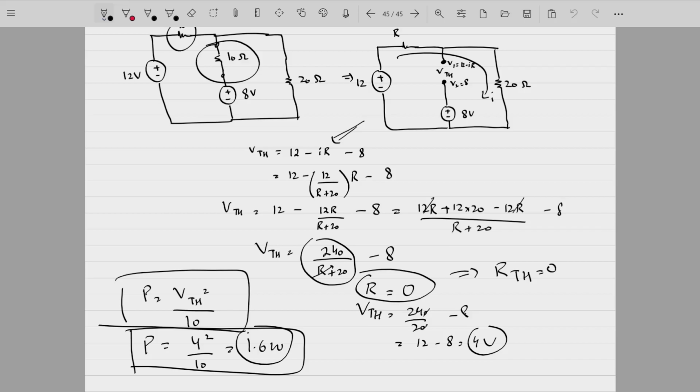So for this, your correct answer is R equal to 0 ohms, and P max will be 1.6 watts.